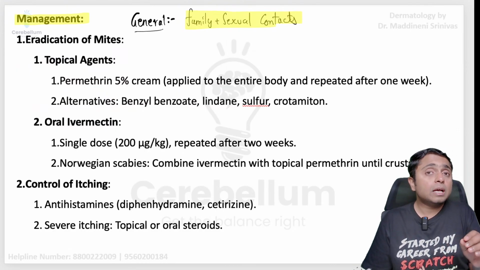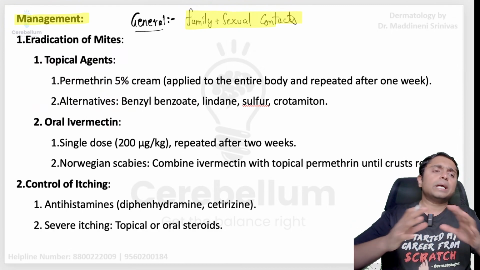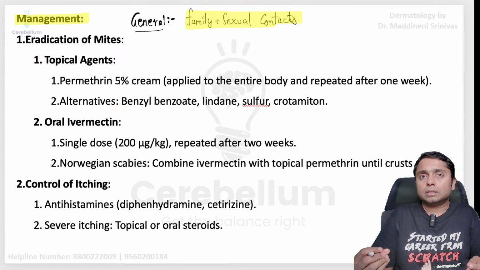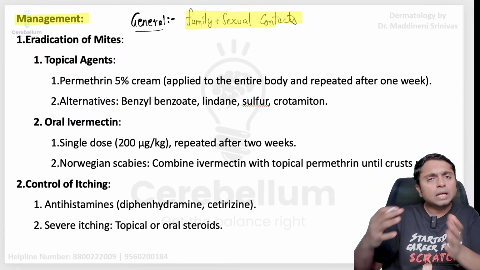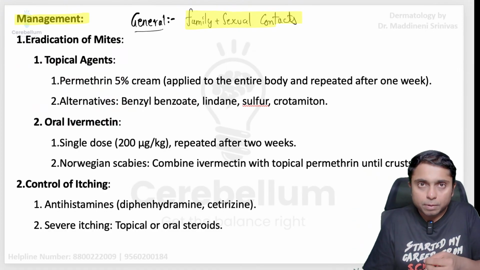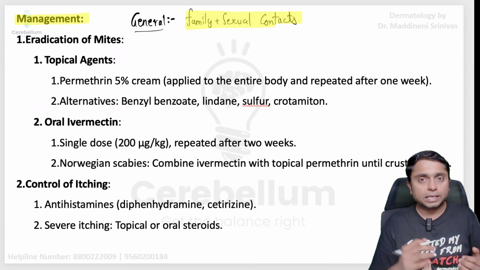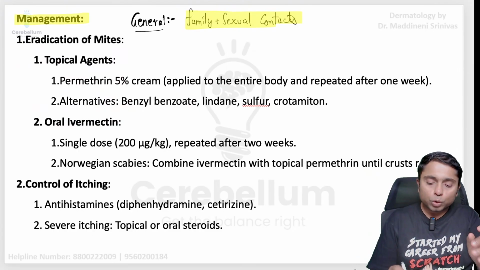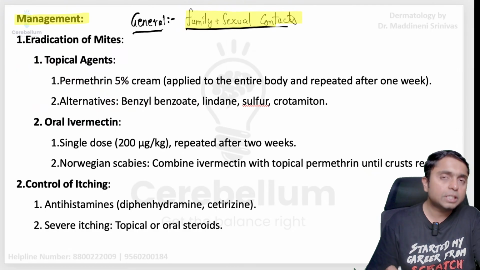Otherwise, what happens? We give the treatment and the patient is going to get cured, but the patient is again going to be reinfected from the other family members, because the mite will be there in the other family members, which can easily reinfect this index case. So this is a problem. To prevent that, in general measures, remember, treat the family and also sexual contacts.